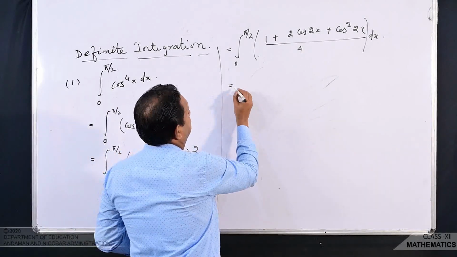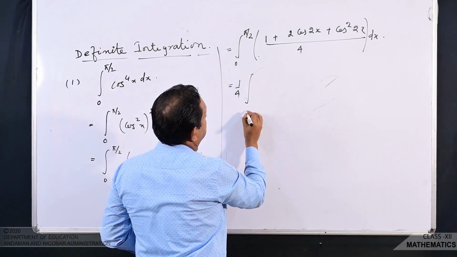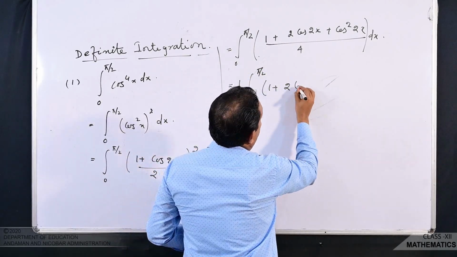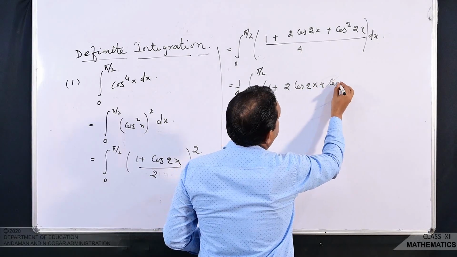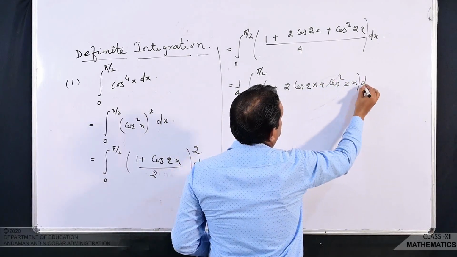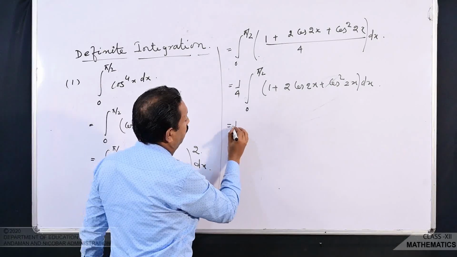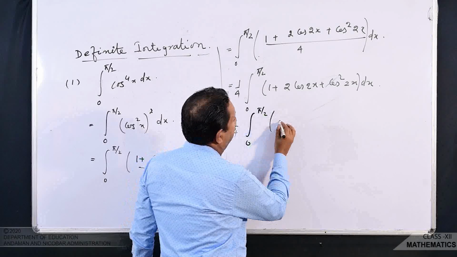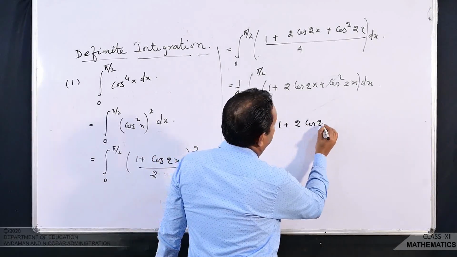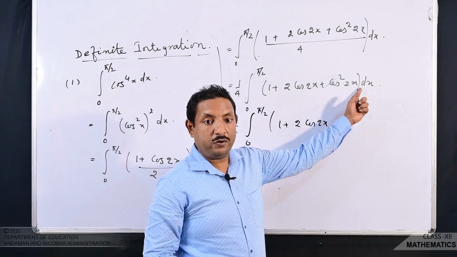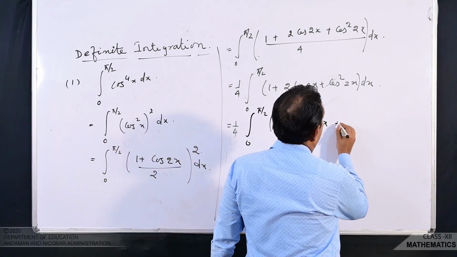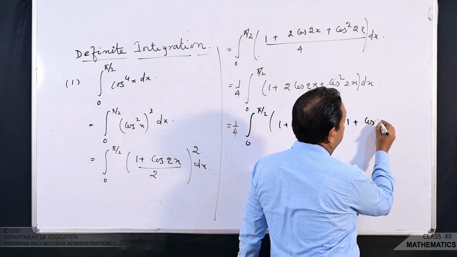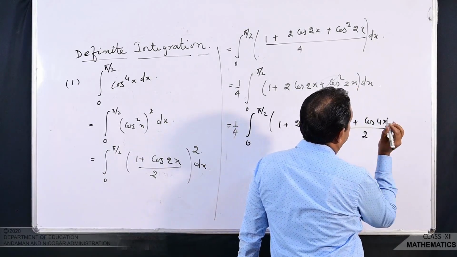Now, this 4 we can take out of the integration sign, so we have 1 by 4 integration of 0 to pi by 2 of 1 plus 2 cos 2x plus cos square 2x dx. Again, cos square 2x can be written as 1 plus cos 4x divided by 2.